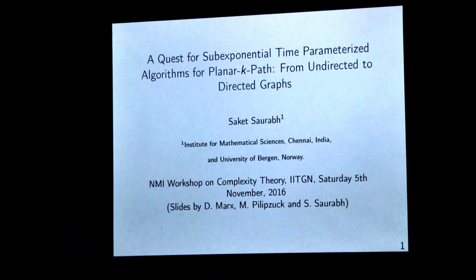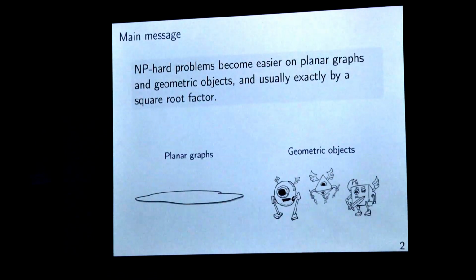Now what do I want to convey in this talk? All those were 2 to the power k kind of algorithms, 1.66 to the power k algorithms. In this talk, my algorithms will have a completely different form of running time. The main message which I want to give from this talk is that NP-hard problems become easier when you have some restrictions on the input.